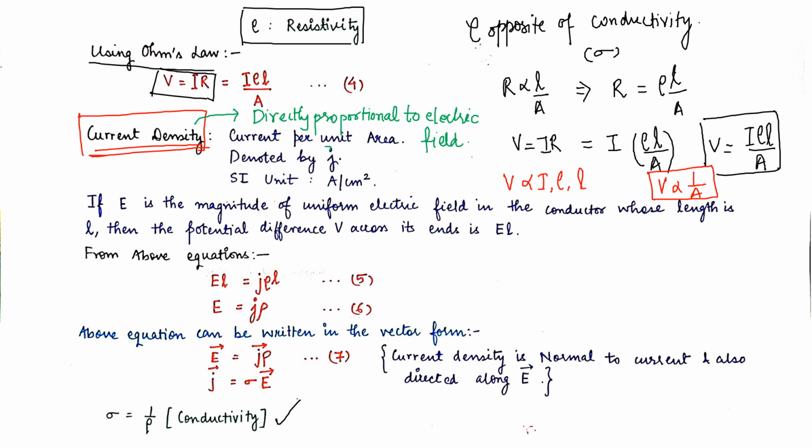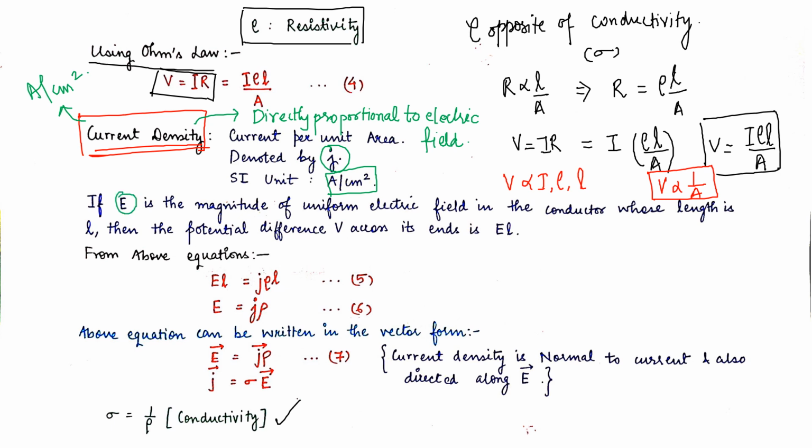It is denoted by a small j and its SI unit is ampere per centimeter square. That is current per unit area.